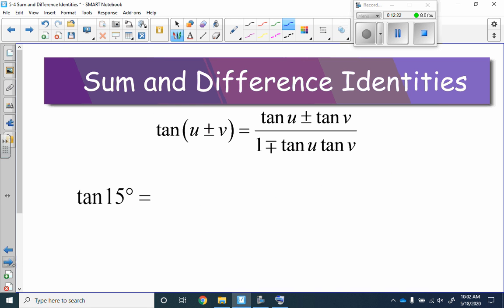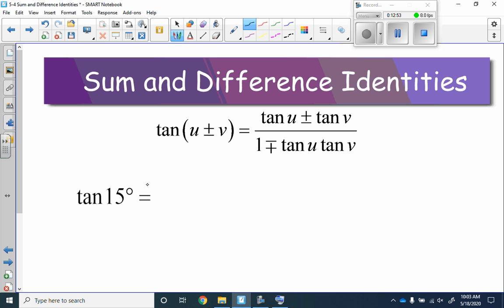So let's just take a look here at the tangent of 15 degrees. At the beginning we did 45 minus 30, so I'm going to pick something else that's 15, just to give us a little bit of a different range.